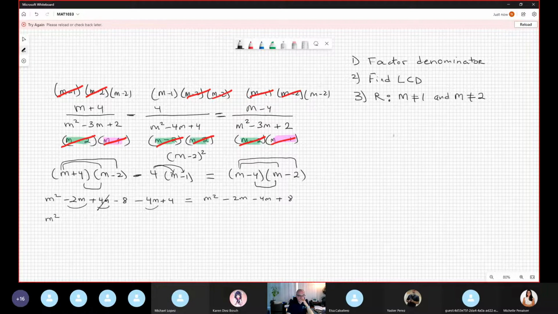Positive 4 and negative 4 cancel, 0. Stay alive, minus 2m minus 4m gets the result: subtraction of 8 and 4, no? Negative and positive, opposite signs, and you put the sign of the bigger number, negative, that is minus 4. The right-hand side we have m squared minus 6m.